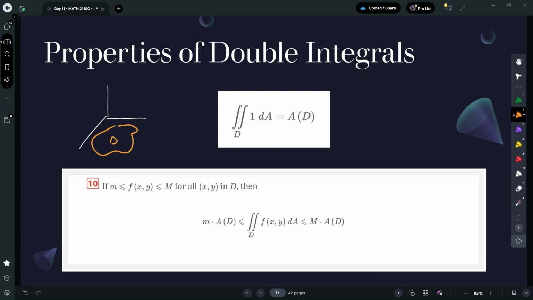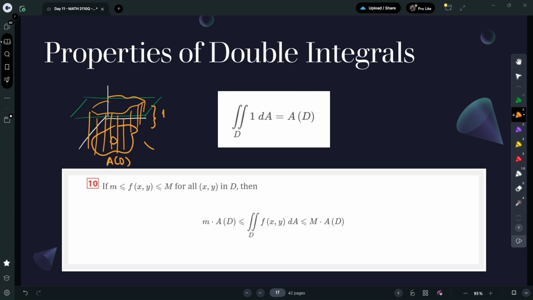Then if I compute the integral of the function 1 in that region, well, that will mean I cut out the plane 1 above it, and then there's going to be sort of like a copy of the region up here, and I'm just going to get a cylinder that has the shape of the region.